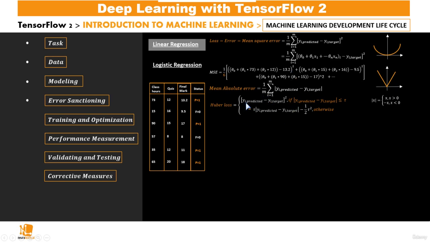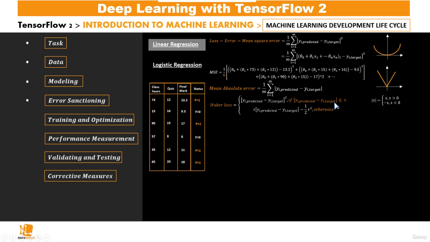So for every i we have yi predicted minus yi target all squared if the absolute value is less than a certain threshold tau. So what we're simply saying here is if the inputs we're working with aren't outliers, then let's use the mean square error, because here if the y predicted minus y target is not very different, like in this case where we have this absolute value which is less than a given threshold, then we're going to use this mean square error.